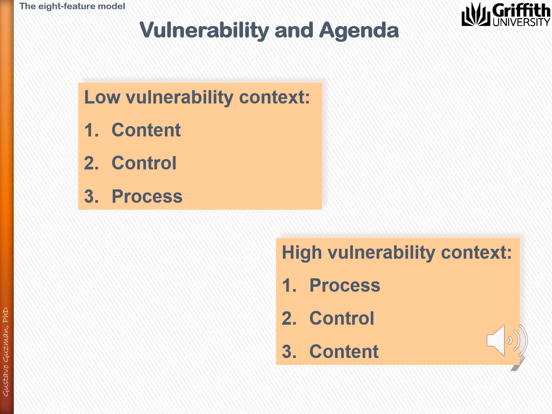In high vulnerability projects, this is different. The agenda is totally different. You see that the first and the most important aspect that the project manager needs to attend to is the process, the how to do things.